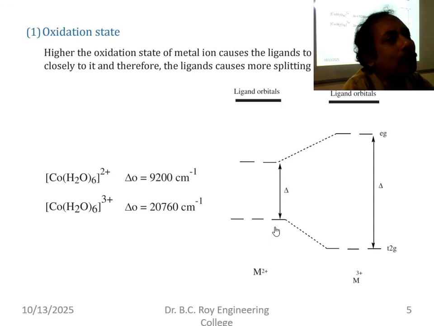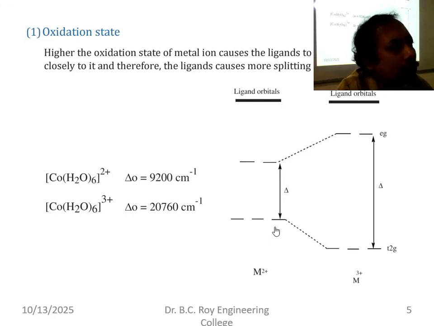Another possibility is that electrons are not getting paired up but are occupying individual levels. Hund's rule is not applicable here, because Hund's rule applies to orbitals of the same energy level, but here some are t2g and some are eg, of different energy. So if they are not paired up, the electrons will fill both the t2g as well as the eg. Then we call it a high spin complex.